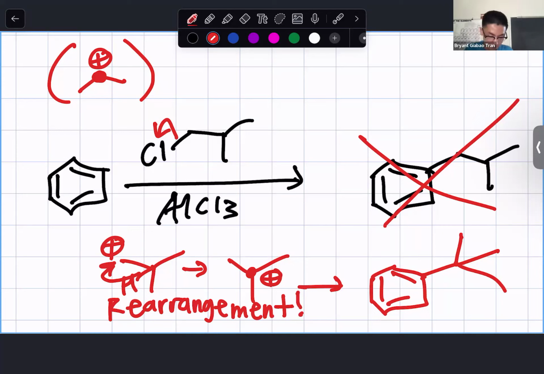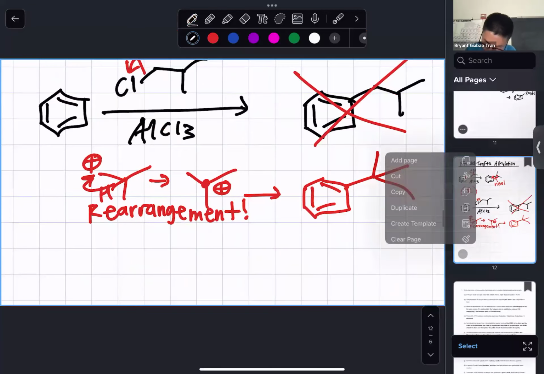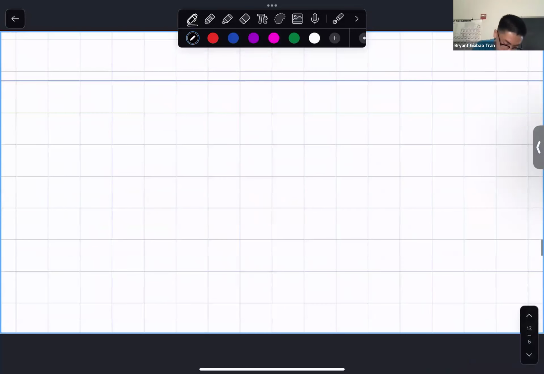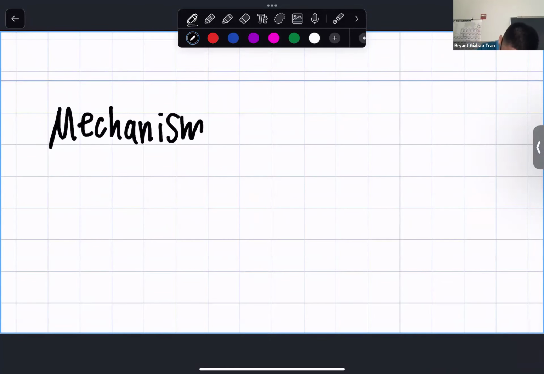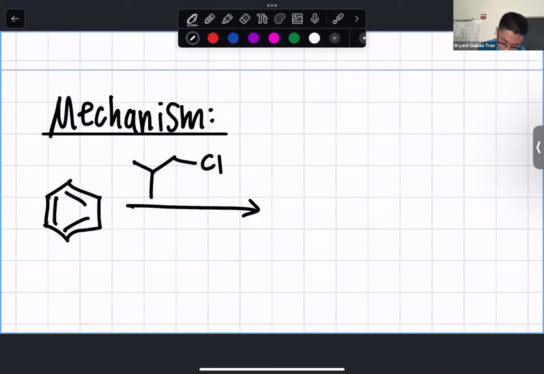So here's going to be the mechanism for Friedel-Crafts alkylation. Let's say we had that same R group that we tried to use before with AlCl3.